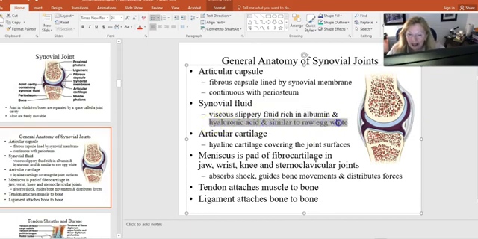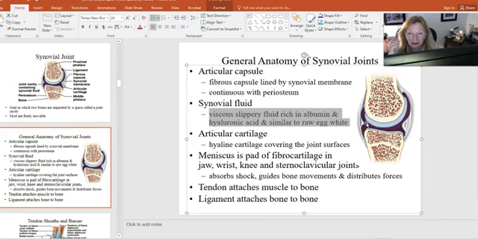Hyaluronic acid is very much an absorbent substance, so if there's water present, it absorbs and expands. So all of these things make it very viscous, which just means thick and slippery. That's all that means. But that's the way we think of normal synovial fluid looking. If there's infection, we would see it clouding.